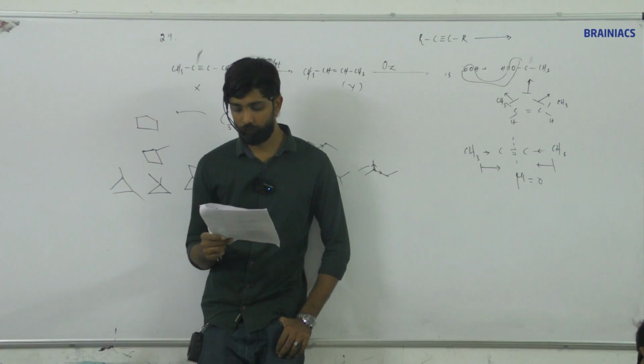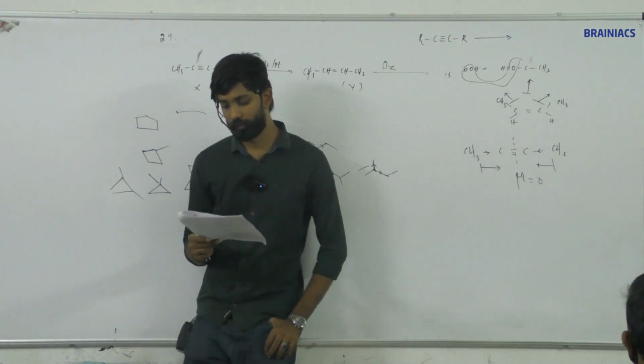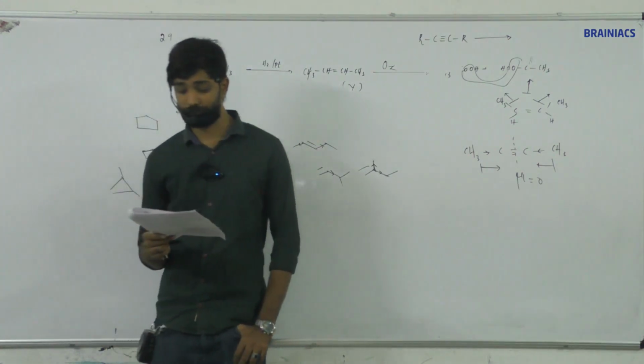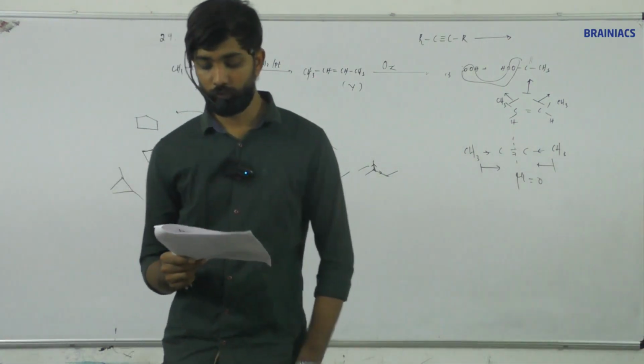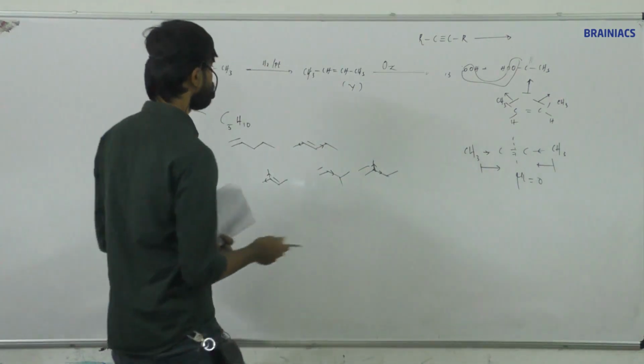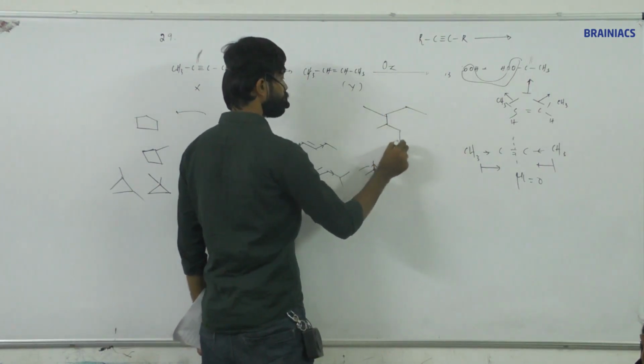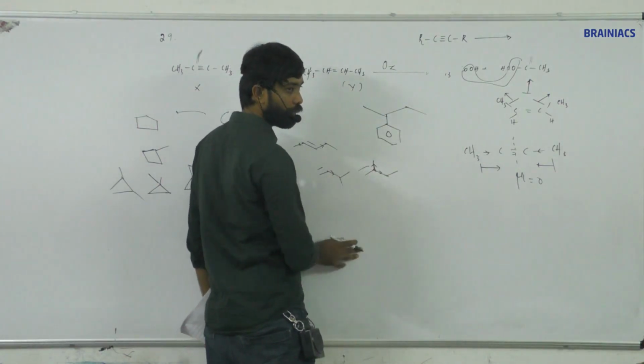Next, which of the following would not give 2-phenyl butane as the major product in the Friedel-Crafts alkylation reaction? 2-phenyl butane means this structure, right? Agreed.